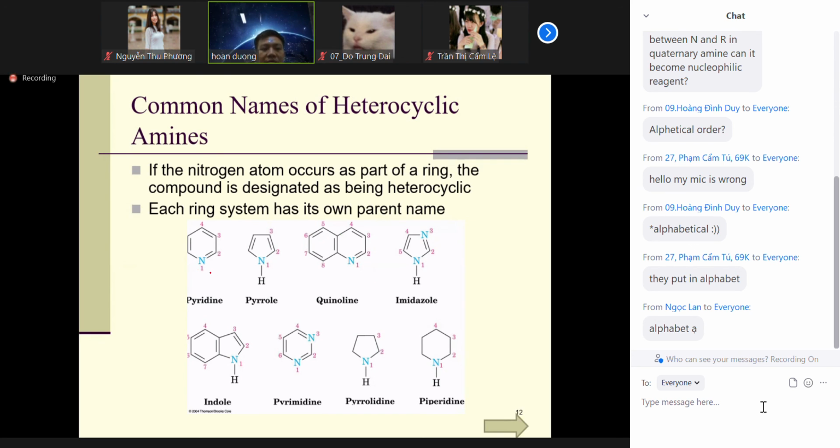And then you have pyridine, and you have pyrrole, where you replace one carbon by an H, and have one more here. Naphthalene, and remove and put one nitrogen, and here imidazole, a very interesting structure, and indole, and pyrimidine, and pyrrolidine, and pyridine. So for these compounds, we have one more chapter to learn about this, okay?